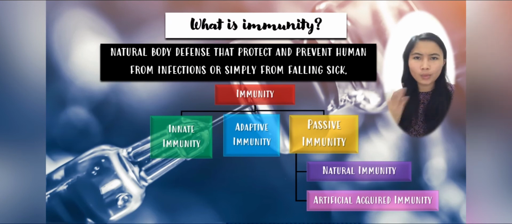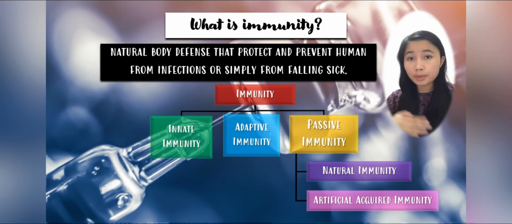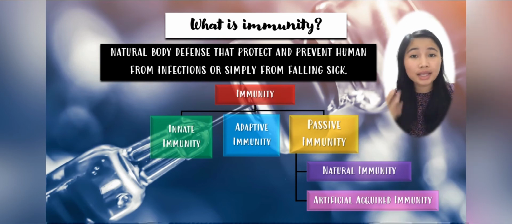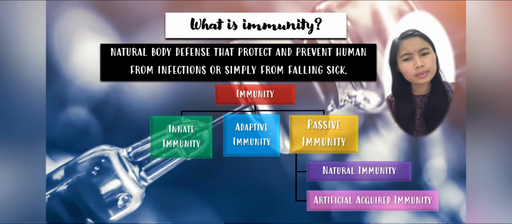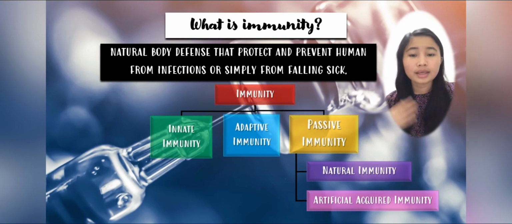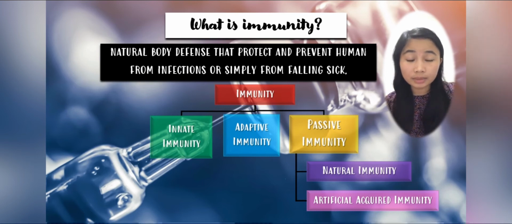Next, what is immunity? Immunity is the natural body defense that we talk about in the vaccine. Immunity, again, is the natural body defense that protects and prevents humans from infections, or simply from falling sick. It has three types. First, innate immunity, which gives a rapid response.